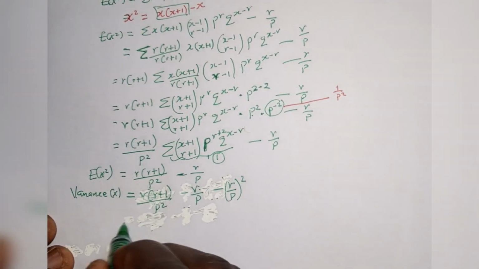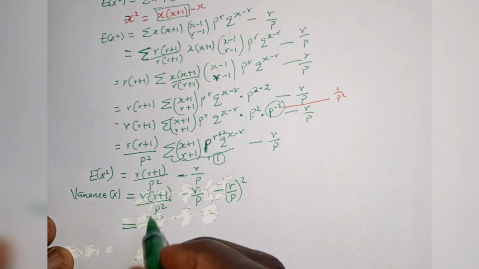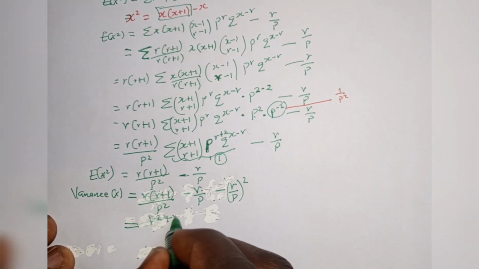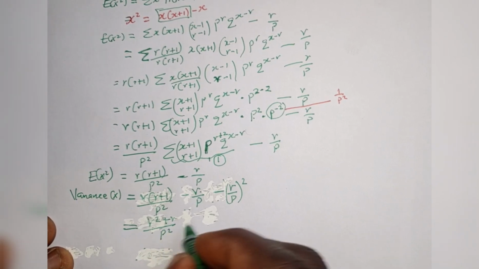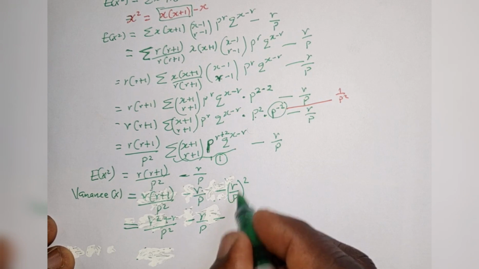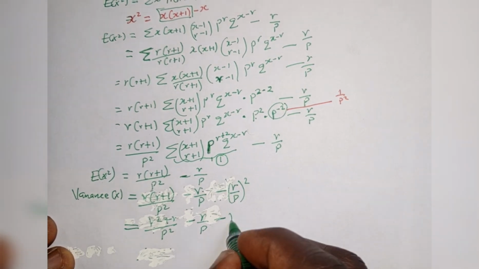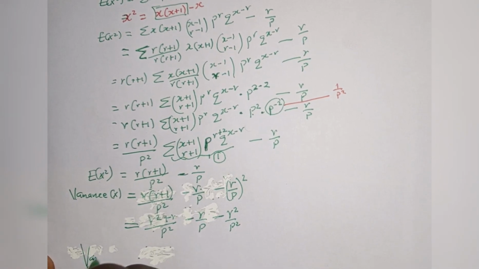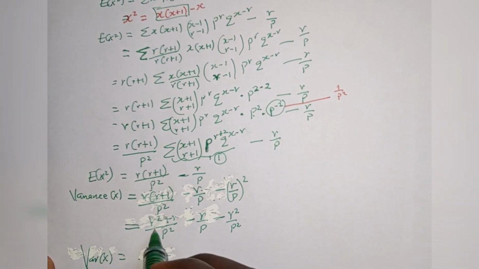The next thing is to simplify this: r times r is r square, then r multiplied by 1 is r, then everything all over p square, minus r over p all square, which is the same as r square over p square.